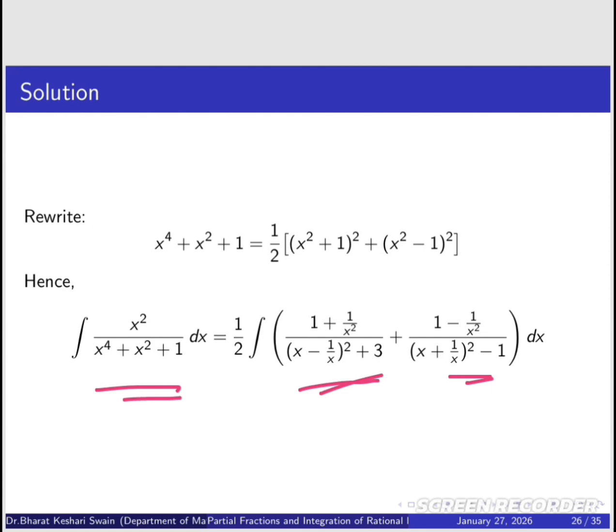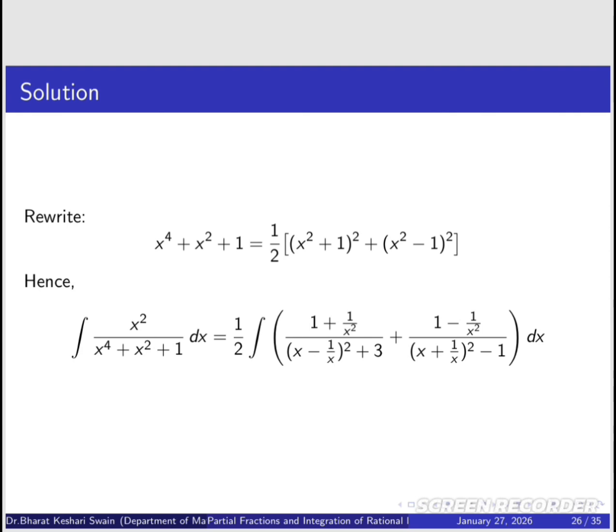Is not it? You just see. You just divide like this and you will get it, or otherwise you can take dividing x square on both sides. Okay, just check.